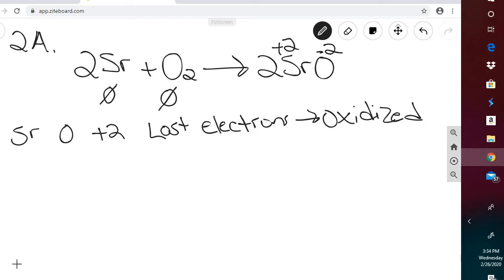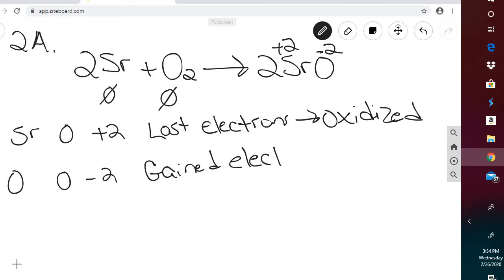And then the oxygen went from 0 to -2, so it gained electrons, and gained electrons means that it was reduced, GER. So it is a redox reaction, and the strontium was oxidized, the oxygen was reduced. Because the strontium was oxidized, the strontium is the reducing agent.